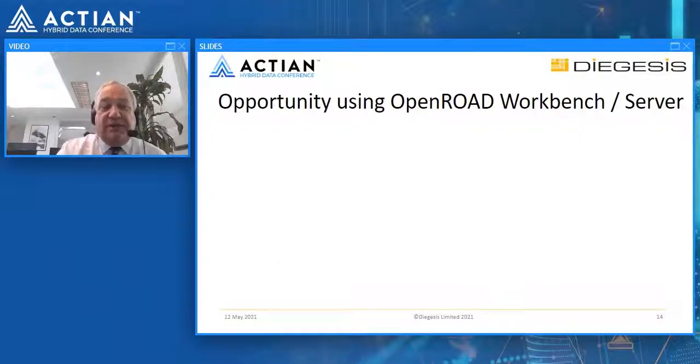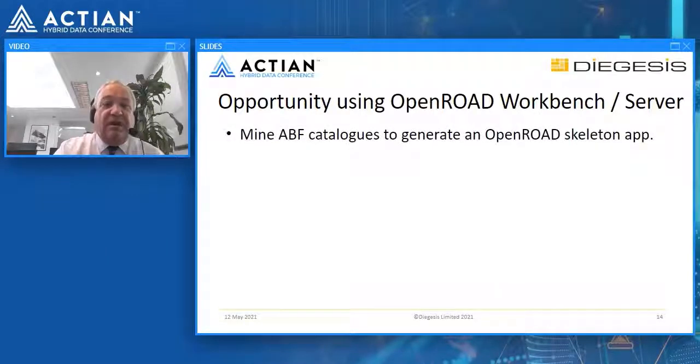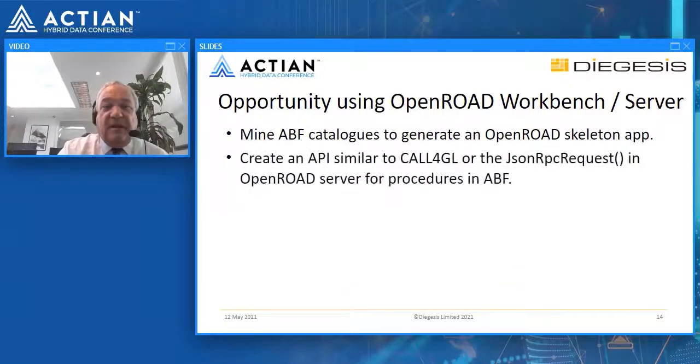So let's think about the opportunity using OpenROAD Workbench and Server. We can mine the ABF catalogs to create our OpenROAD skeleton application. We can create an API similar to Core4GL in ABF, but we can utilize that, as I mentioned a moment ago, from OpenROAD if we go straight to OpenROAD and don't actually try to deploy the ABF application and get it to run in stage one.